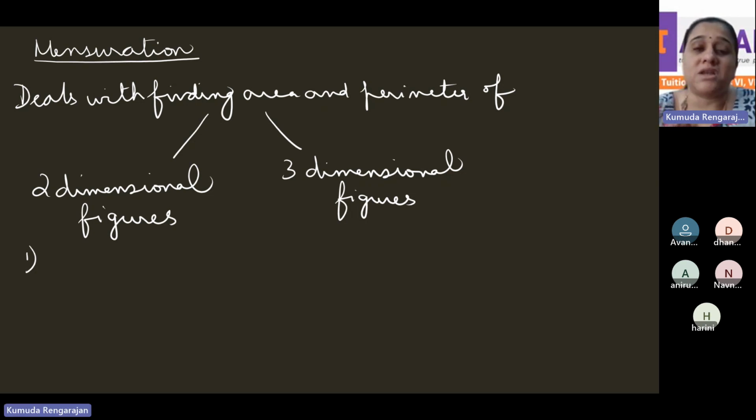If you can represent the figure exactly as it looks on a flat surface, it's a plane figure or a two-dimensional figure. A two-dimensional figure has only two dimensions, as the name says, like the length and breadth or base and height. And also, a two-dimensional figure can be represented on a flat surface.